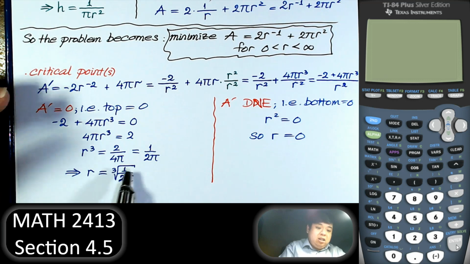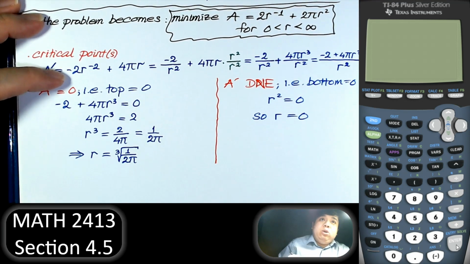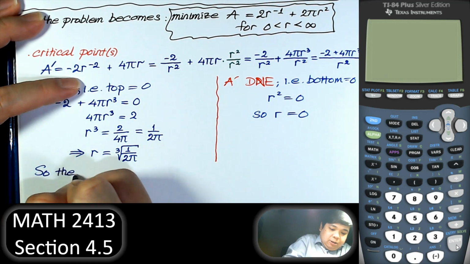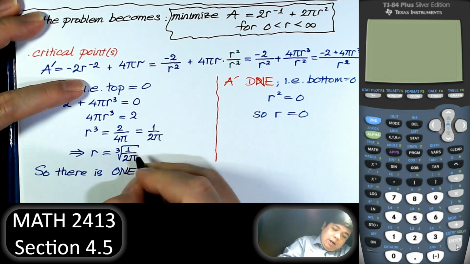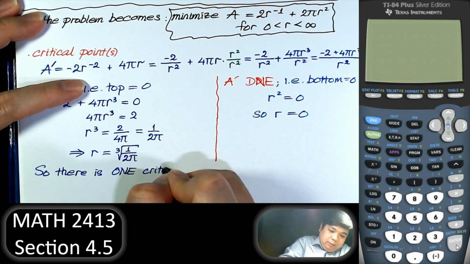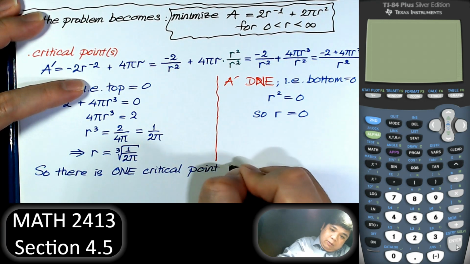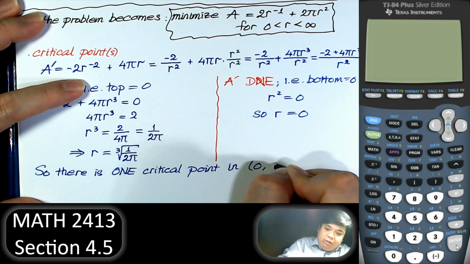So we have only one critical point in the interval of 0 to infinity.